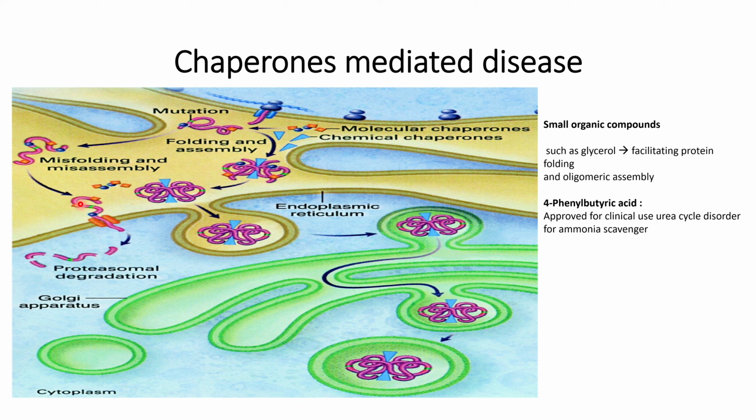So let us start the discussion. The yellow region on the top of the figure represents the endoplasmic reticulum, whereas the green region represents the Golgi apparatus.